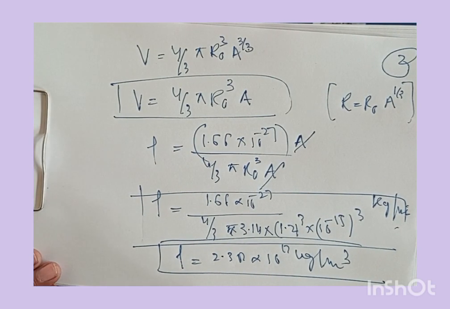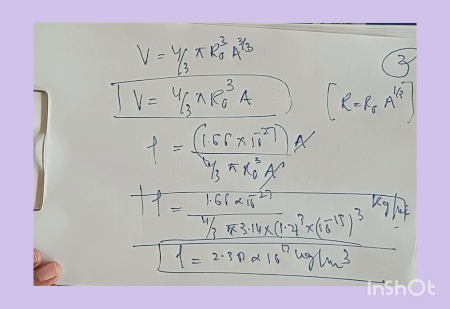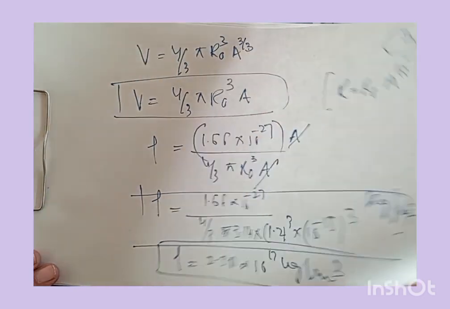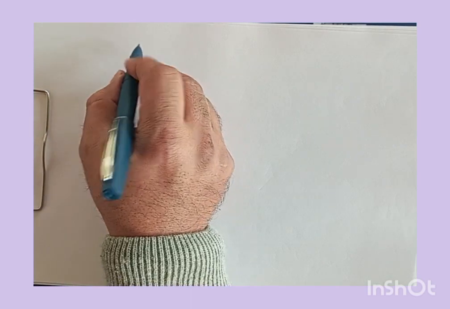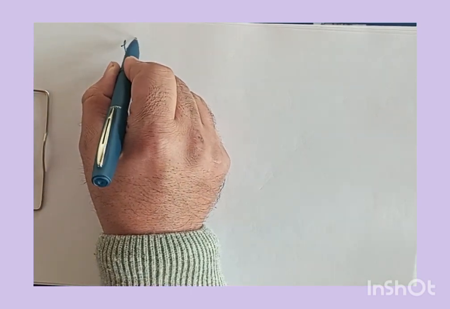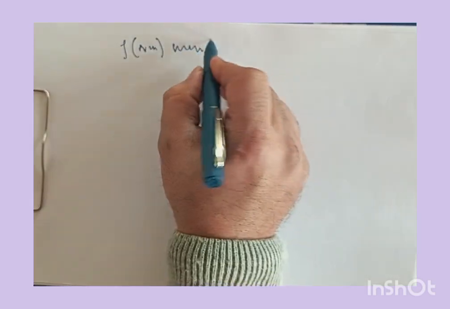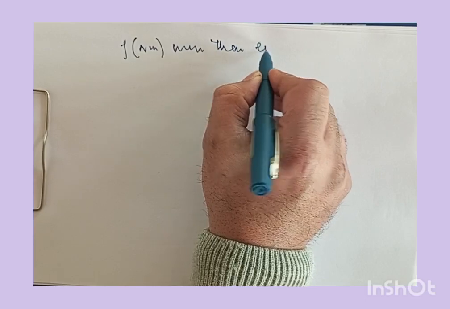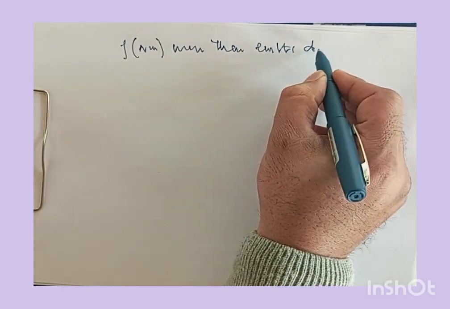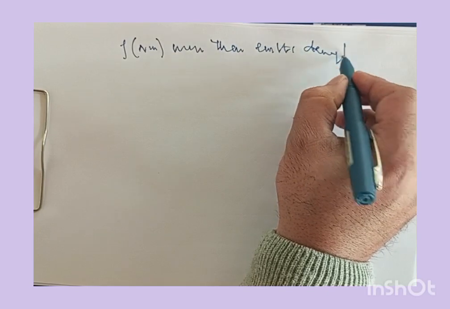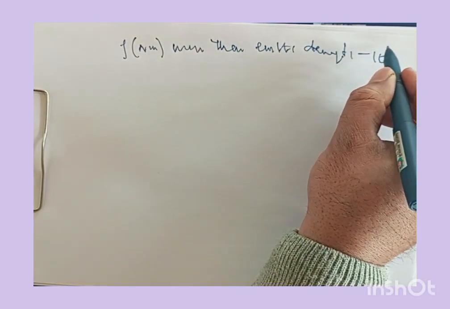So what we see here is that the nuclear density is simply a constant, and is independent of the mass number of the nucleus. And if I have to compare this density of the nucleus with the density of the Earth, then I can say that the density of the nucleus is more than Earth's density, if I take Earth as a reference, by 10 to the power of 13 times.